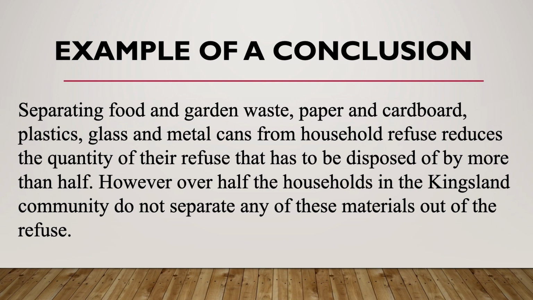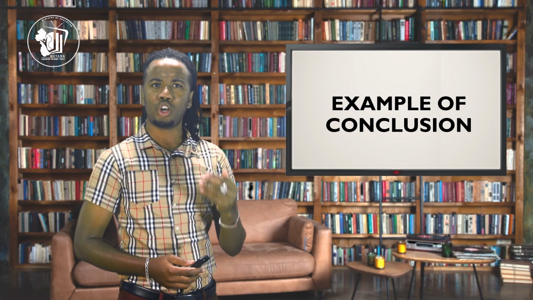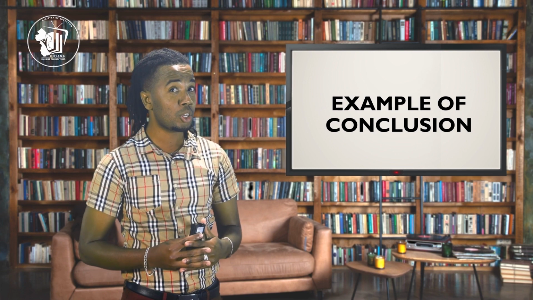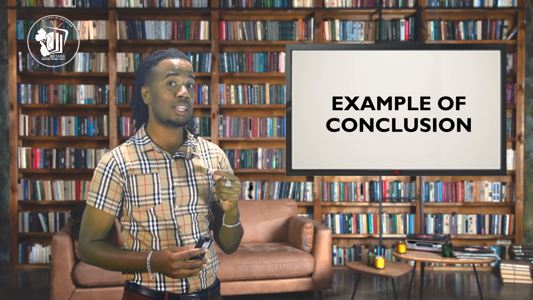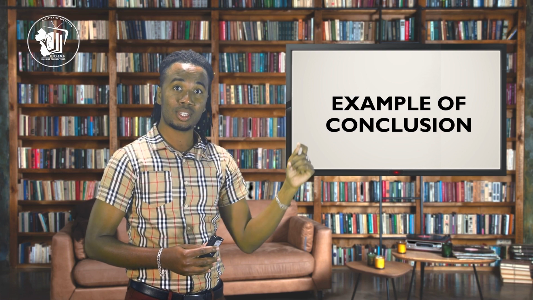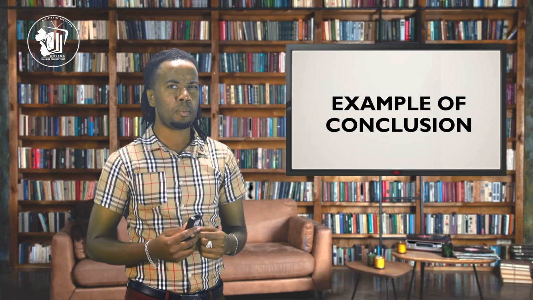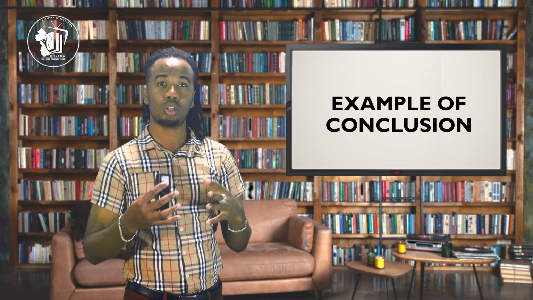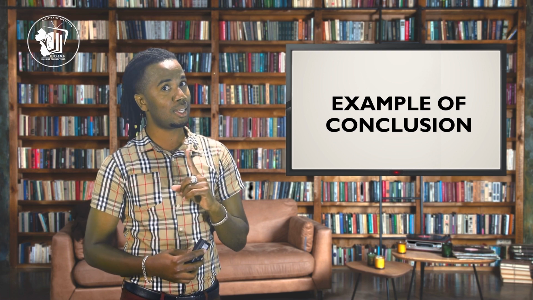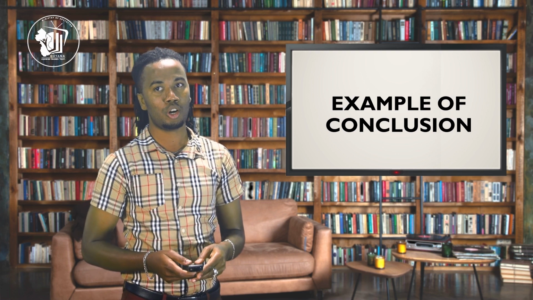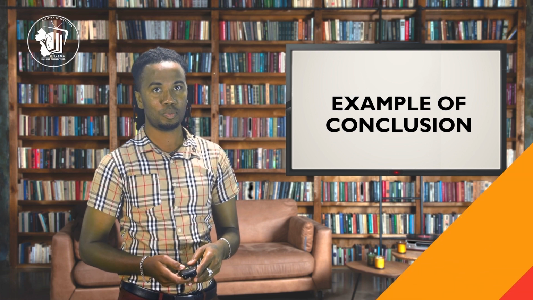However, over half the households in the Kingland community do not separate any of these materials out of the refuse. So you see, students, the conclusion is very much concise. It is related to the objective that we would have stated earlier. So remember that at all times, the conclusion must be concise and related to your research objective.